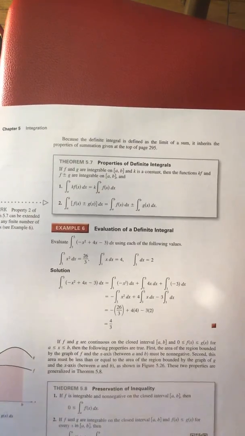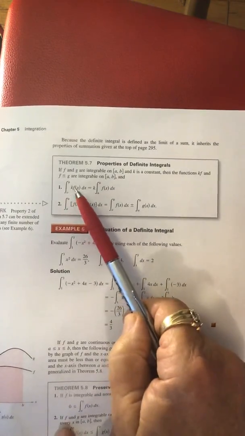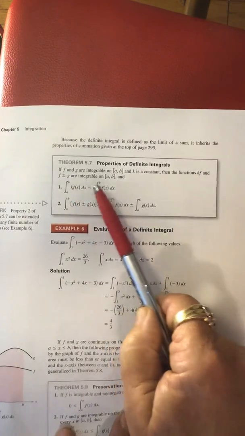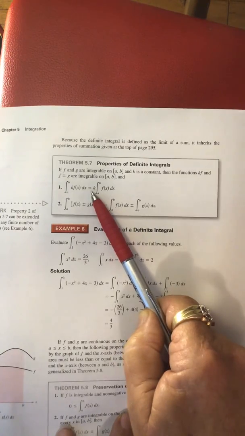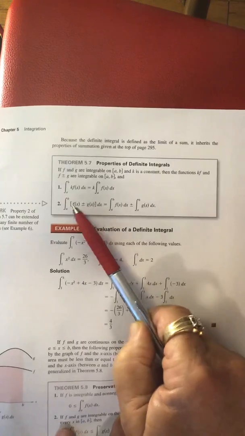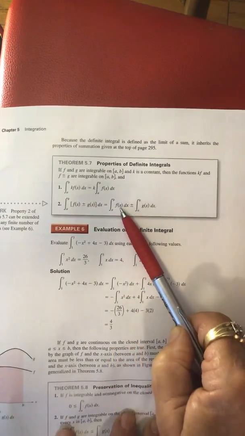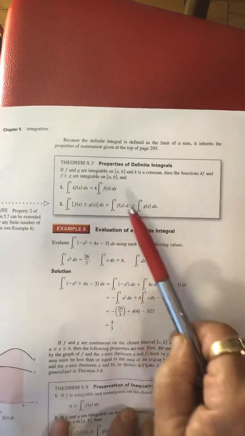Last couple of things about definite integrals. If you have a function, dx, the integral from a to b, and you multiply the function by k, that's the same as taking the integral and then multiplying by k. And if you have the sum or difference of two functions in a definite integral, you could take the definite integral of the first function, the definite integral of the second function, and add or subtract them.